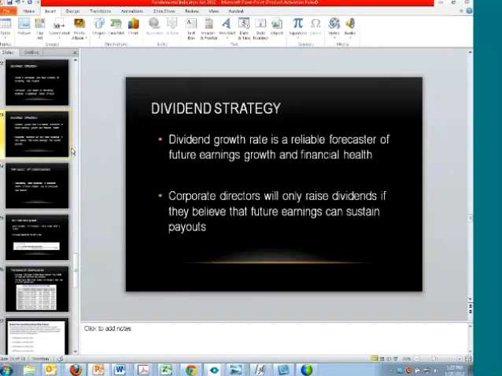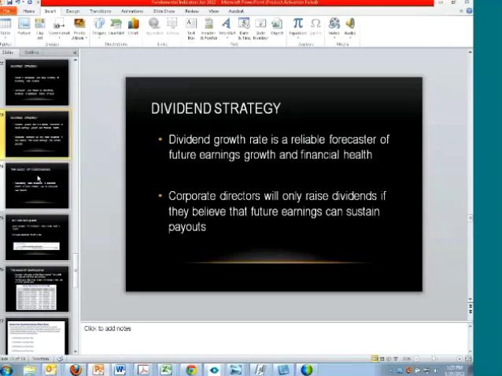So if they're paid in cash, that's also a great fundamental indicator, because they're not going to increase that cash dividend unless they have the earnings to cover it. So it's another good measurement of the fundamentals of a company and the overall financial health and the ability of the company to produce earnings growth.